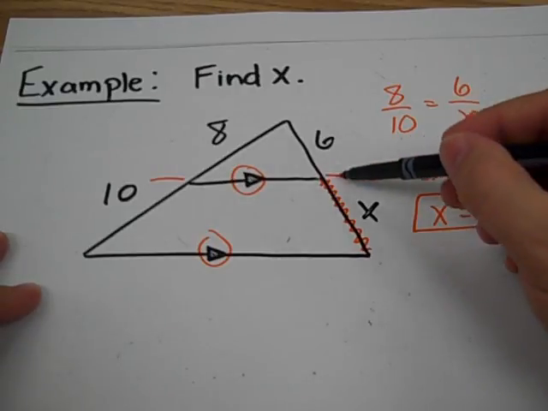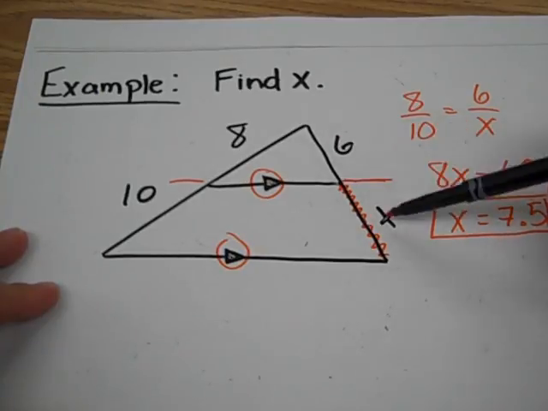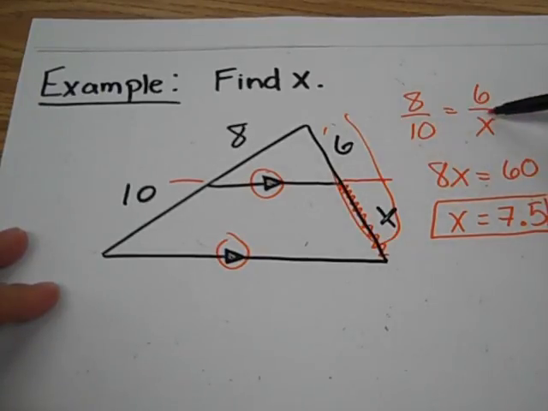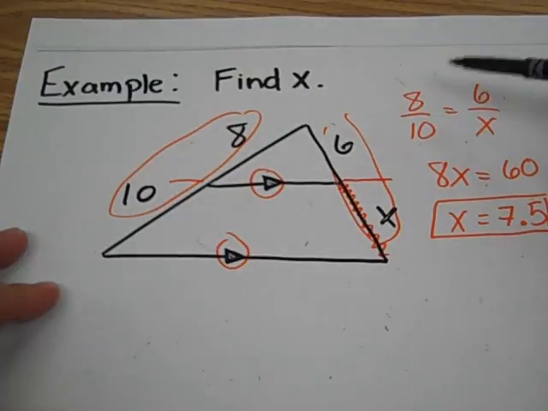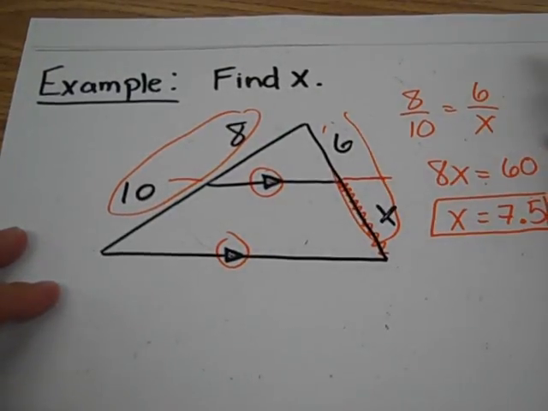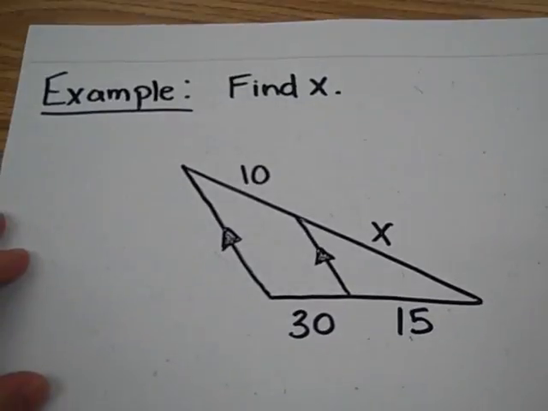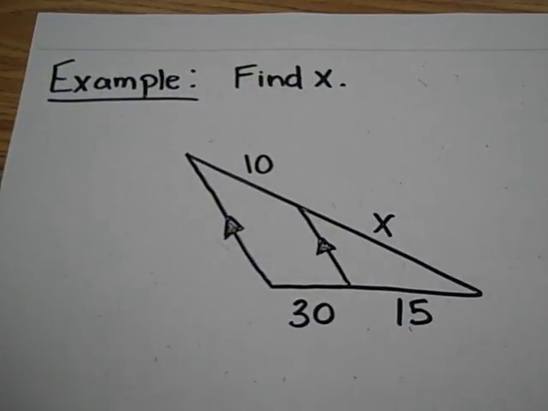So again, if I extend this parallel line in the middle, you can see we have kind of a fraction created here, 6 over x and 8 over 10. And because these two segments are parallel, those fractions should be equal to each other. So go ahead and pause here and use the same idea. I want you to find x.